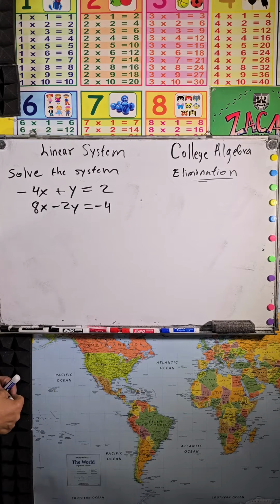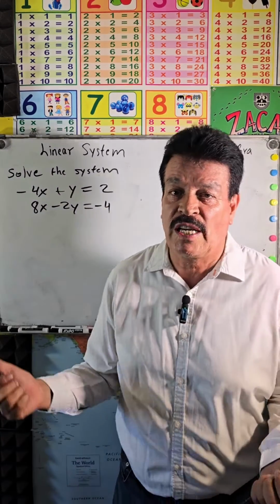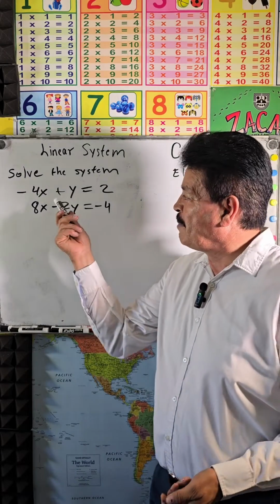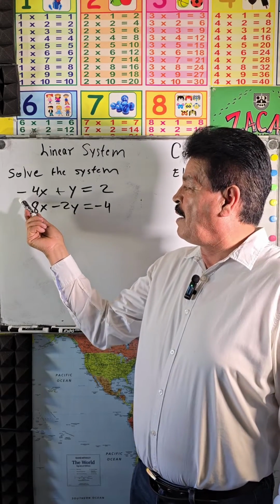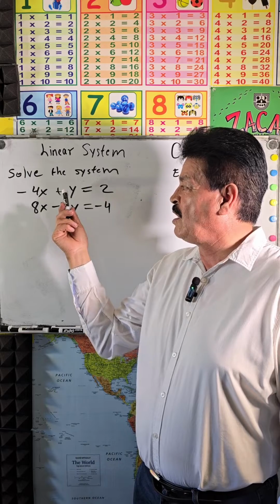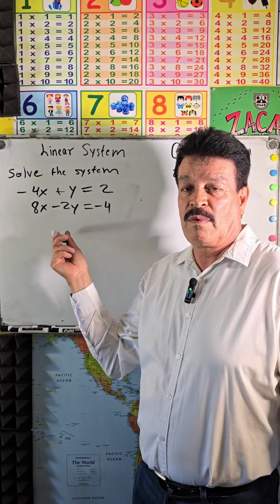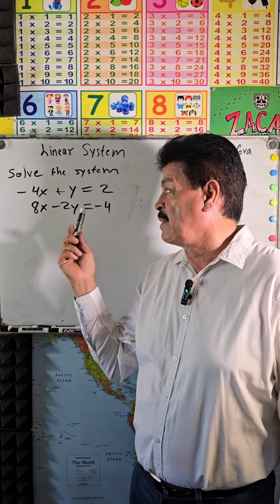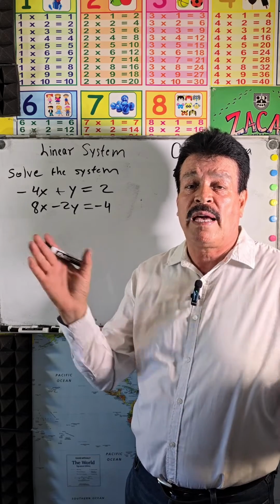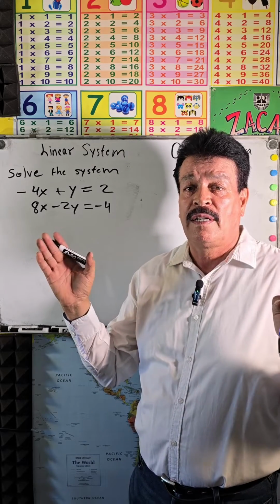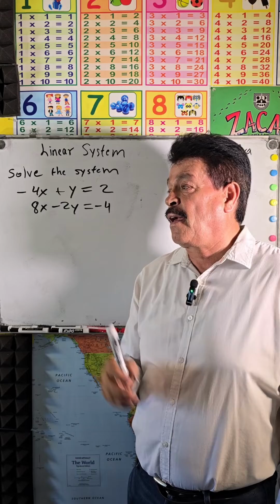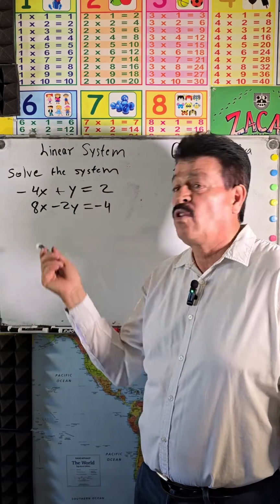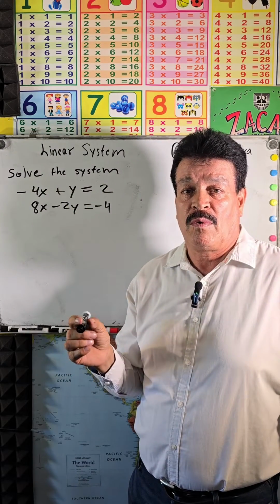Again, we have to look at our system here. Look at the variables, the variable x and the variable y. We have to multiply by some number so that we are able to cancel one variable.